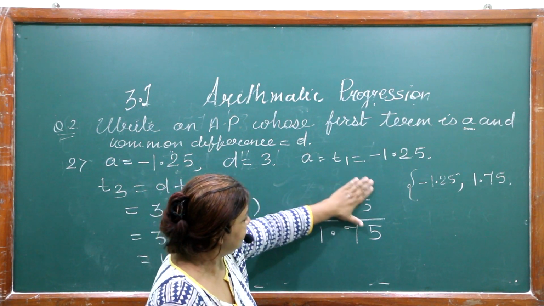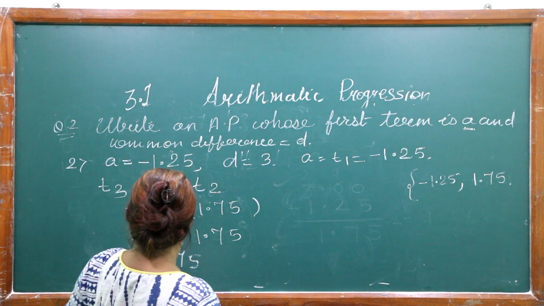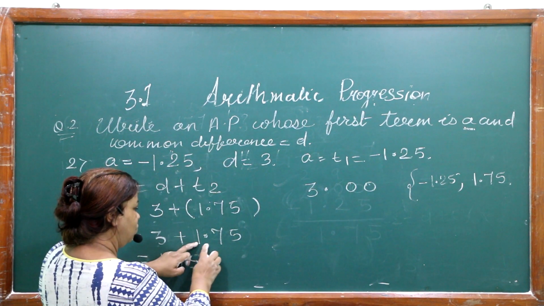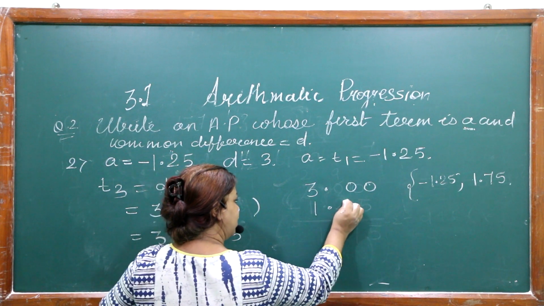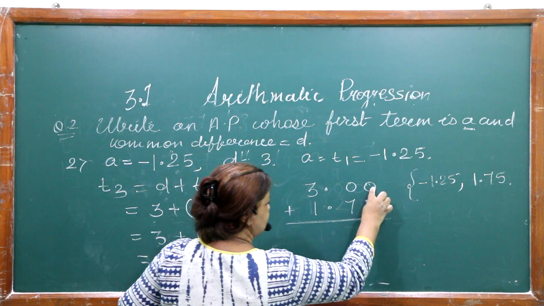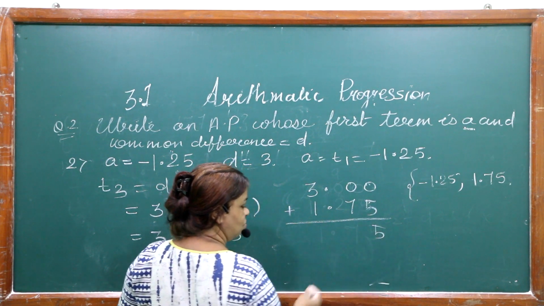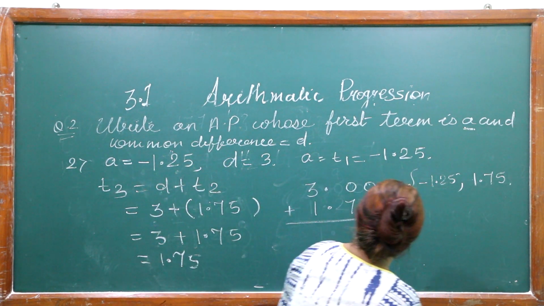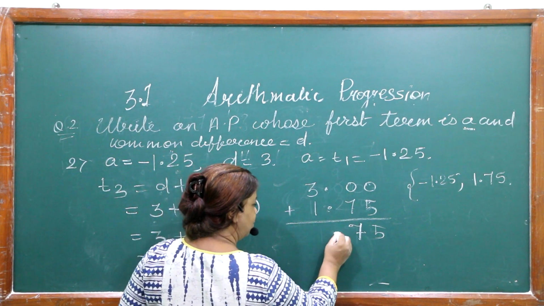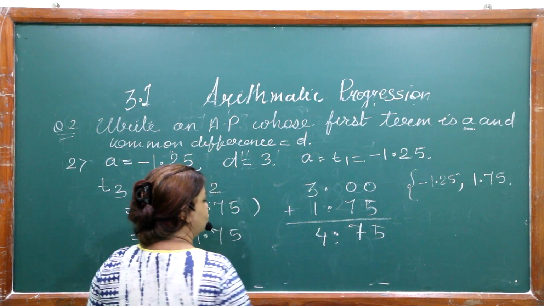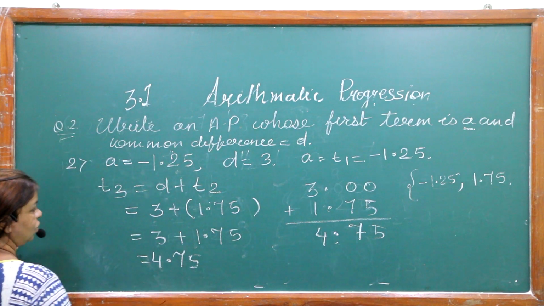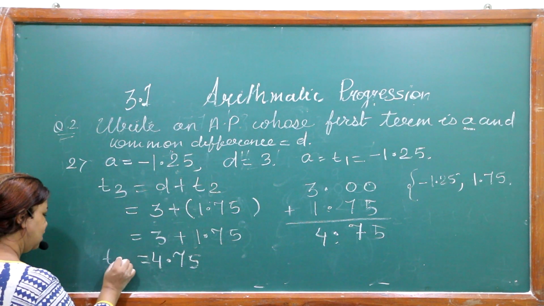Similarly, you will be writing again 3.00 plus 1.75. Do it. 0 plus 5 is 5. You don't need to borrow anything as it's addition. 0 plus 7, 7. Below point will come point. 3 plus 1 is 4. So 4.75. So my term 3 is 4.75.